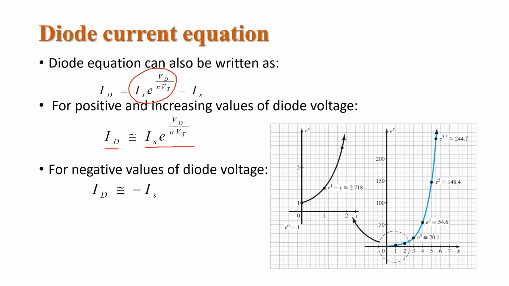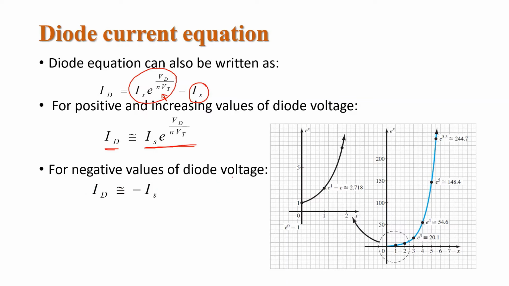Because for higher values of VD, this IS has a far lesser contribution than the first term. So the diode current is mostly due to the first term, and is approximated by the first term only, neglecting the relatively lesser IS.